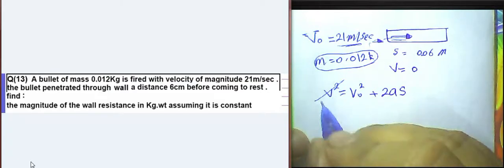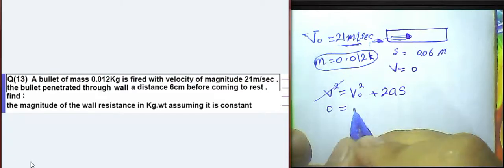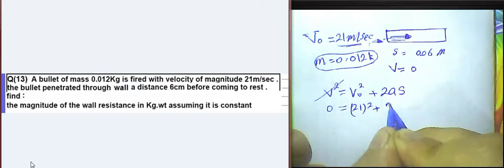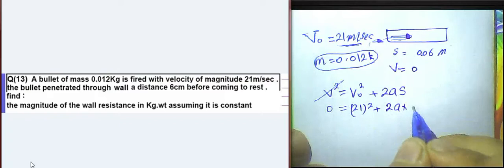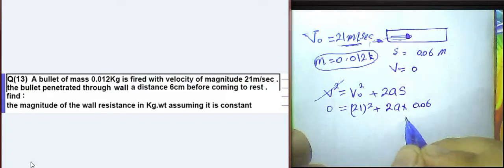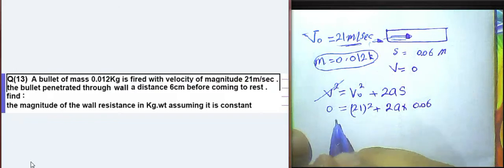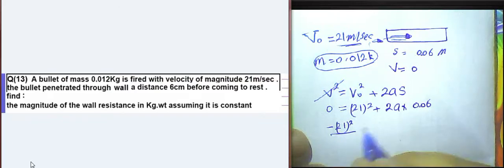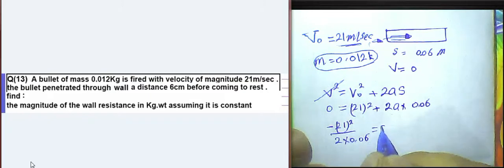We have here v equals 0 and v naught equals 21. We can write 0 equals 21 squared plus 2 multiplied by acceleration multiplied by distance 0.06. Then we can move it to the left hand side: negative 21 squared over 2 multiplied by 0.06 will be the acceleration.